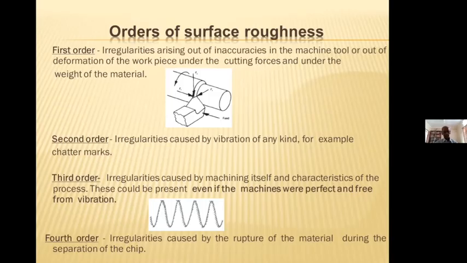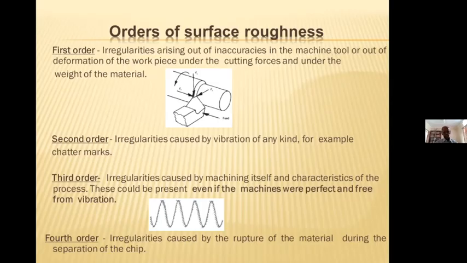Now let me explain this to you. If you look at this picture, you will see a single point cutting tool being a bar, and there cutting forces are generated in X, Y, and Z direction. And there is also the weight of the workpiece itself.